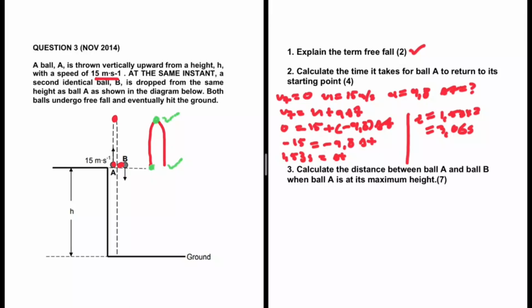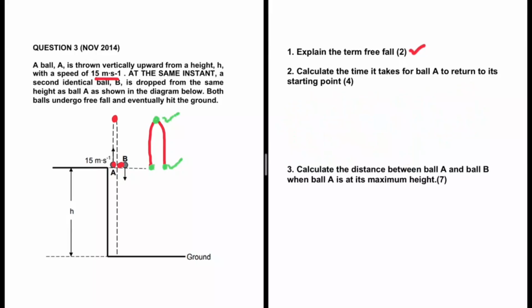Let me show you the other way. The other approach involves realizing that if our ball is projected with a velocity of 15 meters per second, when it passes the same point on its way down, it is going to have a velocity of minus 15 meters per second. This is always true.